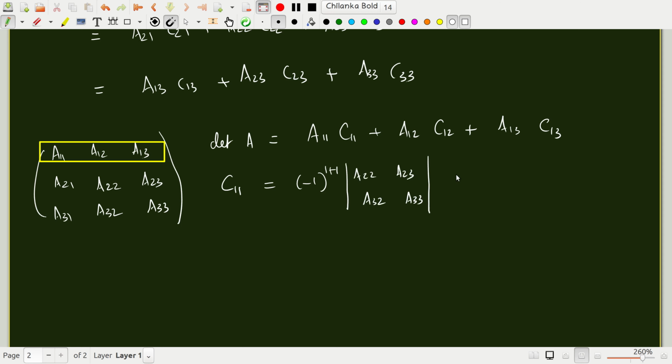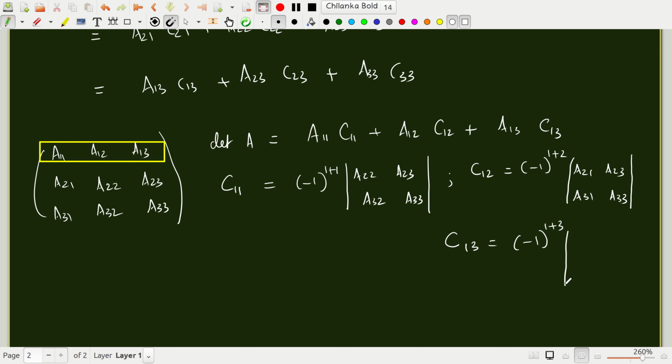Okay. Now what is C12? It is minus 1 to the 1 plus 2 times the determinant of. Now you have to delete the first row and second column, so you will get A21, A23, A31, A33, and then finally we have C13, which is minus 1 to the power 1 plus 3.